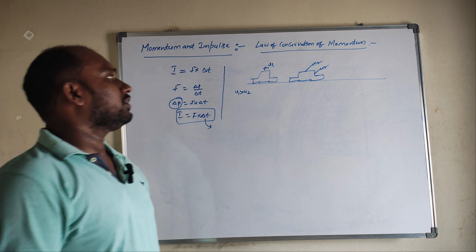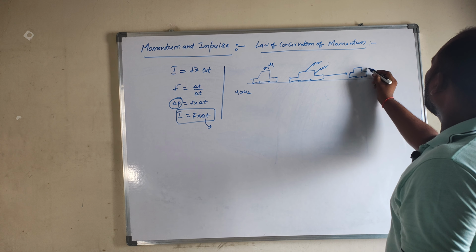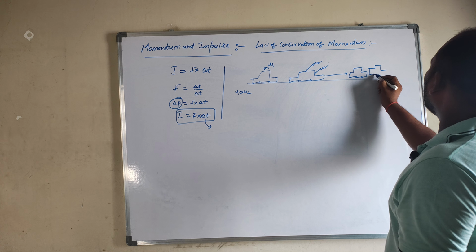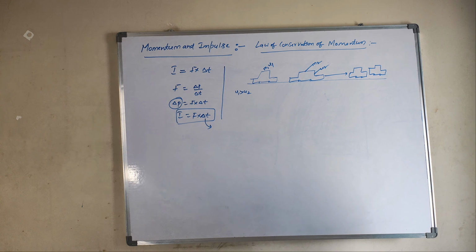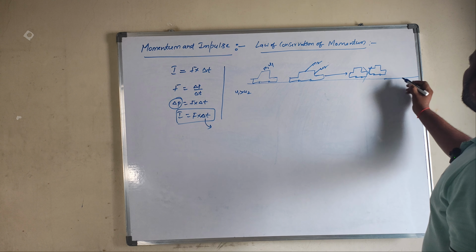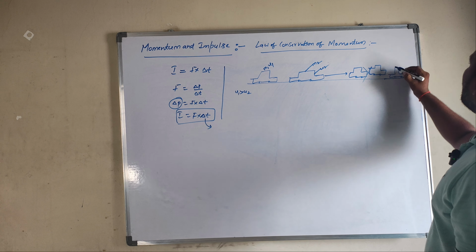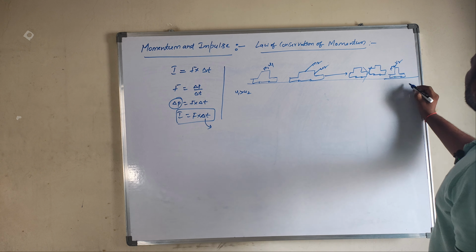Now after some time, what will happen? Both cars collide with each other. After some time, they move with different velocities. Let us say this car has mass m1 and velocity v1, and this one has mass m2 and velocity v2.